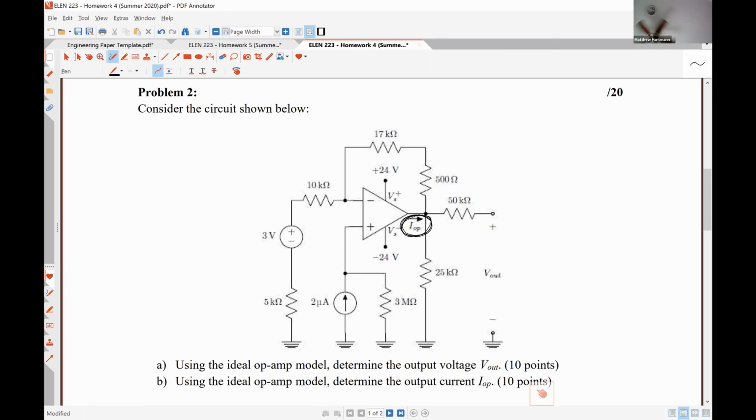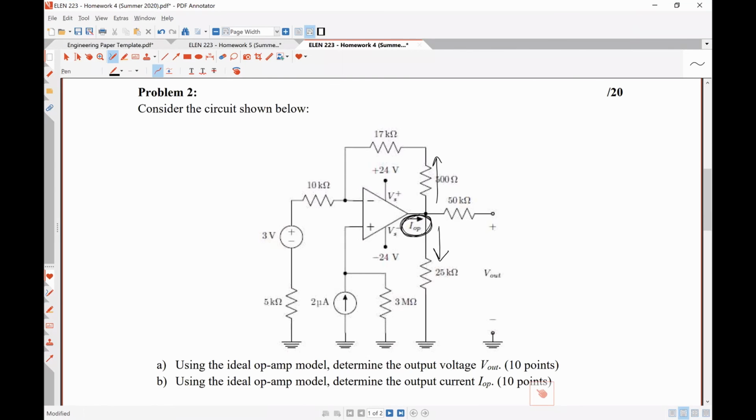We couldn't do KCL at the output node to solve for other nodal voltages, because we don't know what the contribution of this output current is going to be. For this problem, we're trying to find the contribution of that output current, which has to be this current flowing up through the 500 kilo ohm resistor and this current flowing down. So once we know what all of our nodal voltages are, then we can figure it out. But we can't use this output current to figure out what our nodal voltages are.